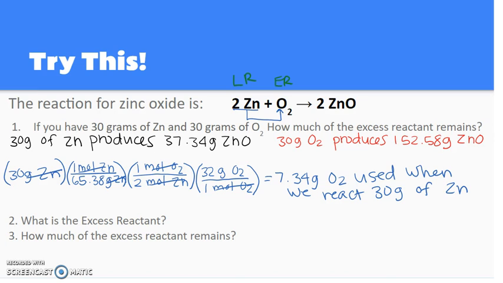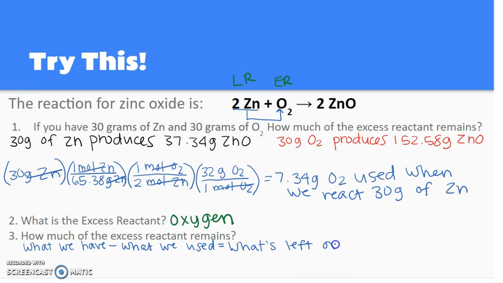Number 2, our question is, what is the excess reactant? We identified that above. It was oxygen. How much of the excess reactant remains is the question we now have to answer. The equation to solve for this is what we have, minus what we used, gives us what's left over.